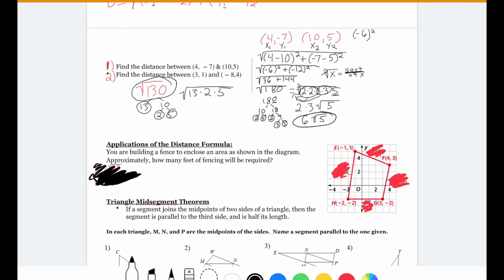Alrighty. So for applications of the distance formula, we are given this figure off to the right, and we are asked how many feet of fencing will be required if we are trying to fence in this whole figure, aka we want the perimeter of the figure.